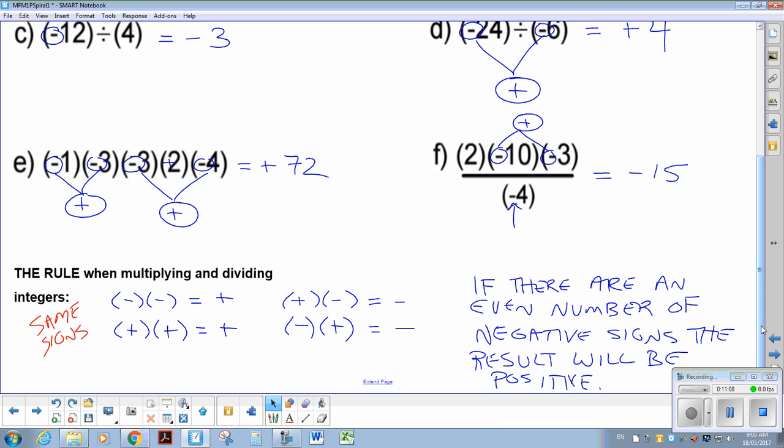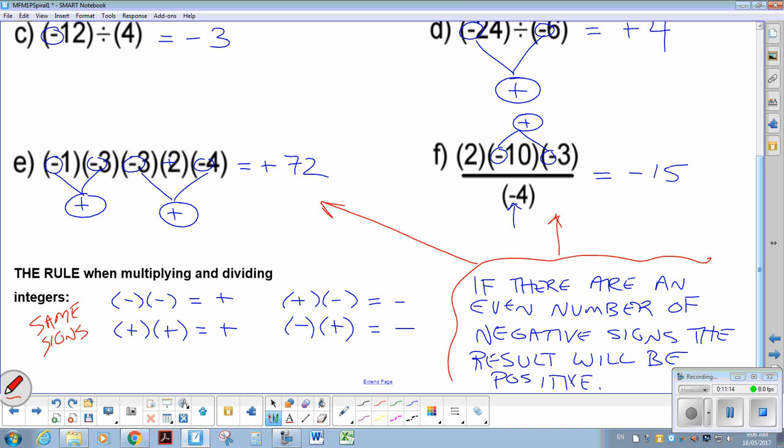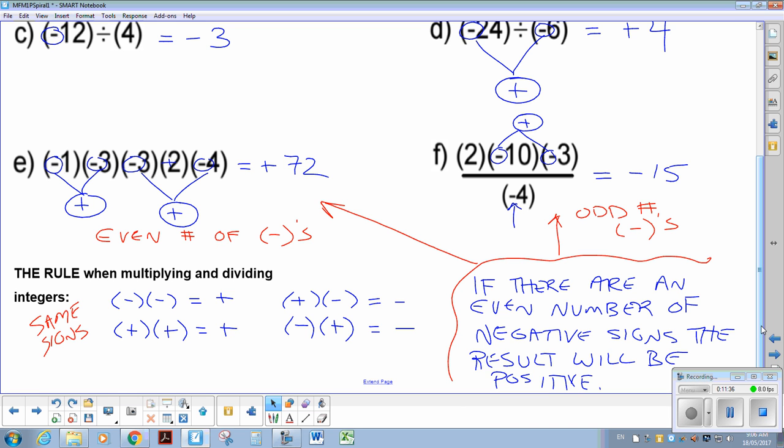All right, and your example for that are those two examples right there and there. So if we have an even number of negatives, in this example, we ended up with a positive result. Here we had an odd number, so that means we had a negative result. Okay, that's how those two rules relate together.